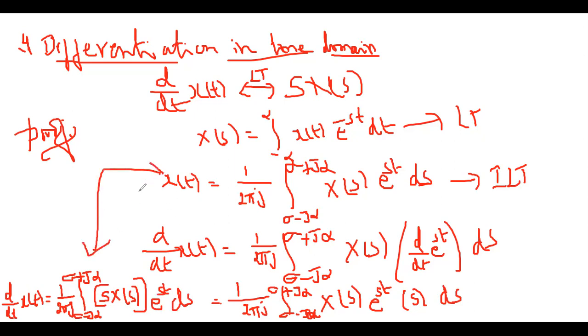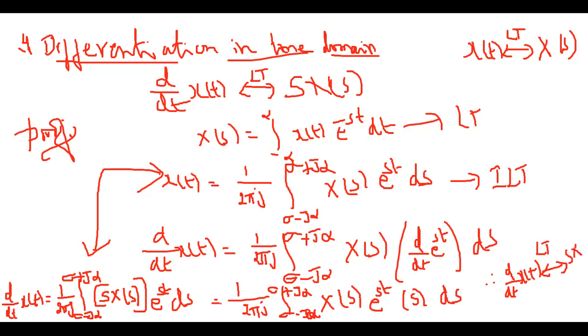Comparing these two functions, the relation between x(t) and X(s) is the Laplace transformation relation. Now instead of X(s), it is s into X(s), and instead of x(t), it is d/dt of x(t). Therefore d/dt of x(t) is related by the Laplace transformation to s into X(s). What it matters, students?